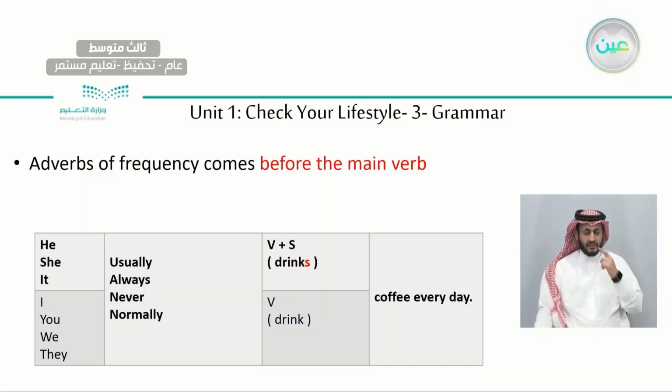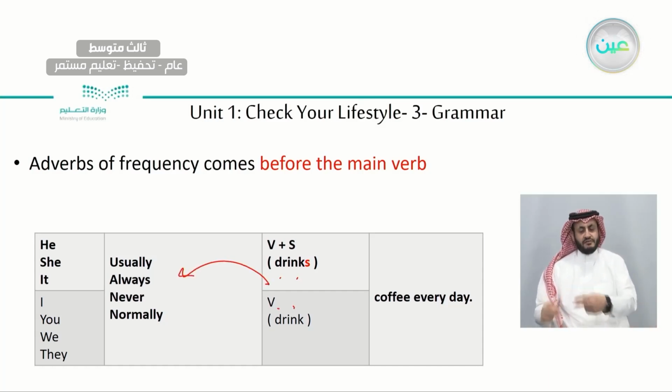So the adverbs of frequency come before the main verb. We put it before the main verb in the affirmative sentence, the regular sentence. So we have he, she, it, and then where is the main verb? This is the main verb. So we put the adverb of frequency before it.